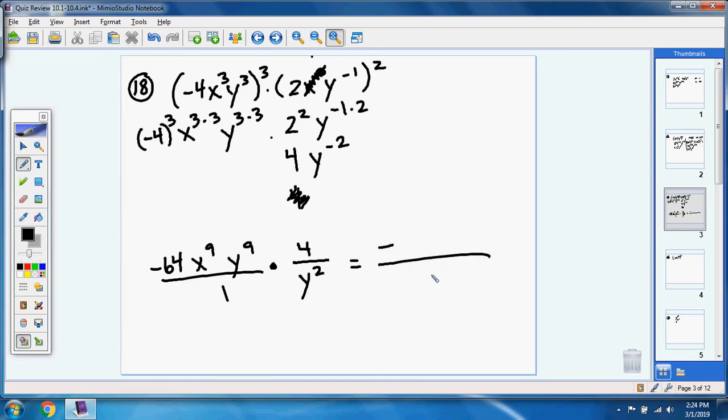So that's a negative sign. If you have to, you go to the side and do 64 times 4. Some of you can do it in your head. So -256. Now the x's are going to stay the same, but I need to reduce my y's.